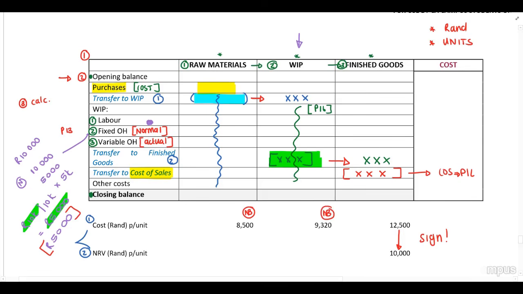And please remember this, guys, don't forget, if the NRV of your finished goods is lower than the cost, you need to remember to test your raw materials and your WIP. Guys, this is only a guideline that you can use to calculate your variables in your inventory questions.